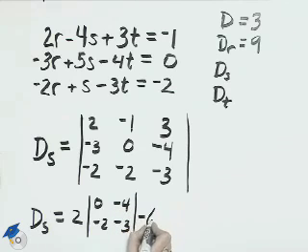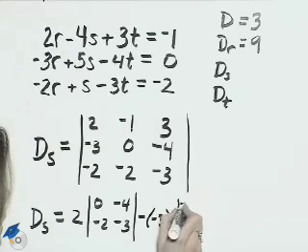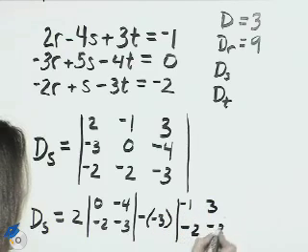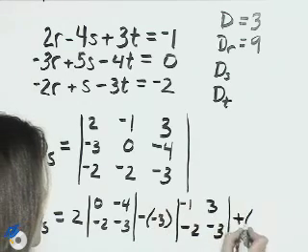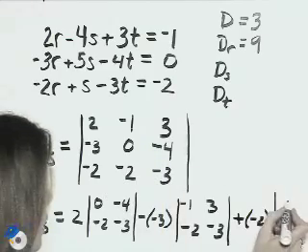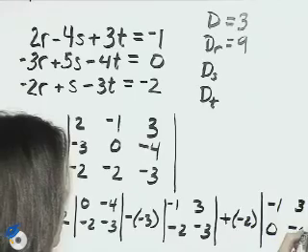Then minus -3 times the determinant negative 1, 3, negative 2, negative 3, going across the rows. Then plus negative 2 times the determinant negative 1, 3, 0, negative 4.